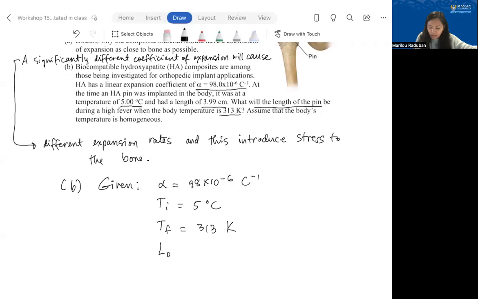Okay, and we're given the initial length of the bone, 3.99 centimeters. The prefix centi means 10 to the minus 2, right? So 3.99 centimeters will therefore mean 3.99 times 10 to the minus 2 meters. Or you can just do the conversion by dividing by 100, 0.0399 meters.